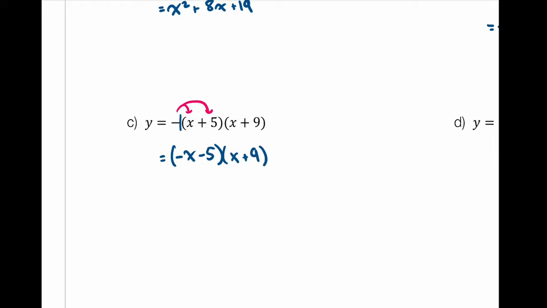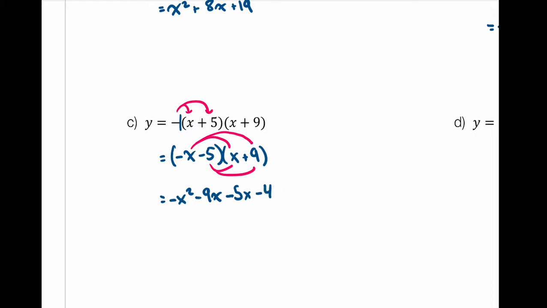And now I can use my FOIL method. So first, outside, inside, last. So I get negative x times x, so negative x squared. Negative x times 9, so negative 9x. Negative 5 times x, or negative 5x, negative 5 times 9, or negative 45.